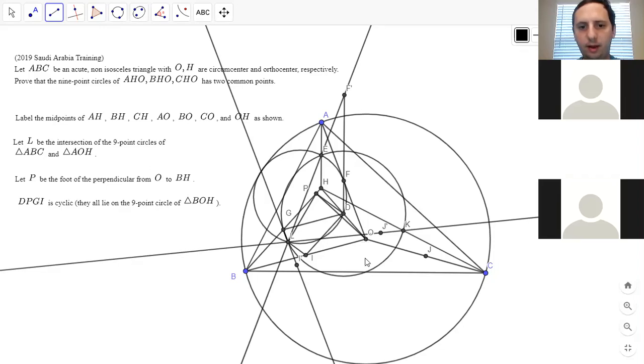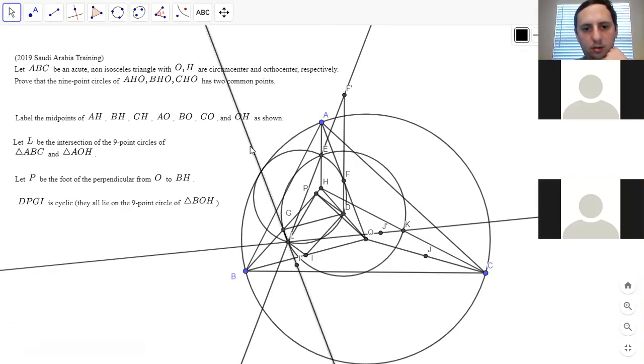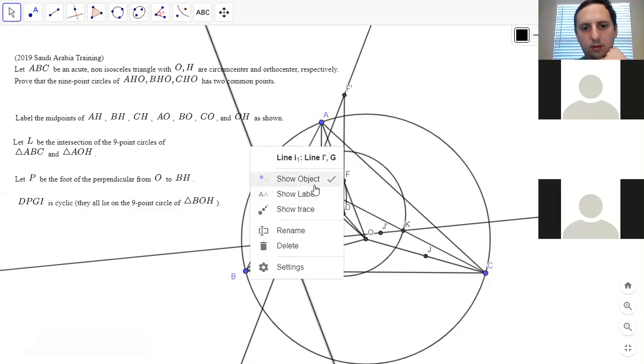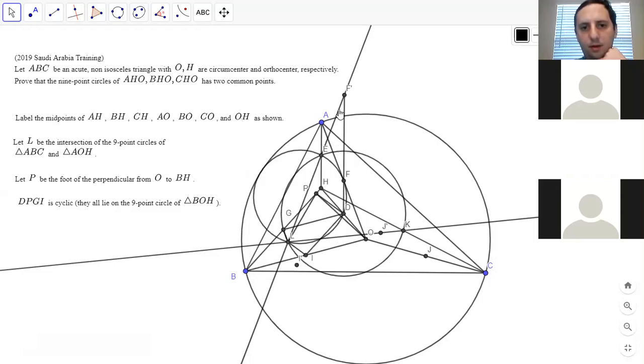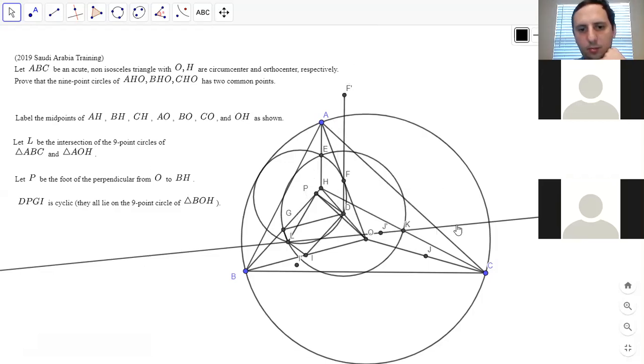So AH is twice the distance from O to BC. So yeah, maybe this is something with similar triangles. Let's see. Let me delete these for a sec, or hide them. Yeah, what can we say about F prime, I prime, and J prime?